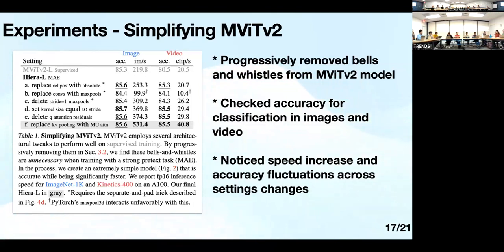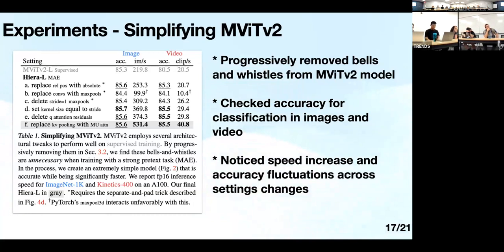Most of the computation power goes to storing those residues. So that and the stride are the biggest performance gain here. We delete the stride, max pooling, and they almost triple performance, and then go up by another 100 or so images per second.